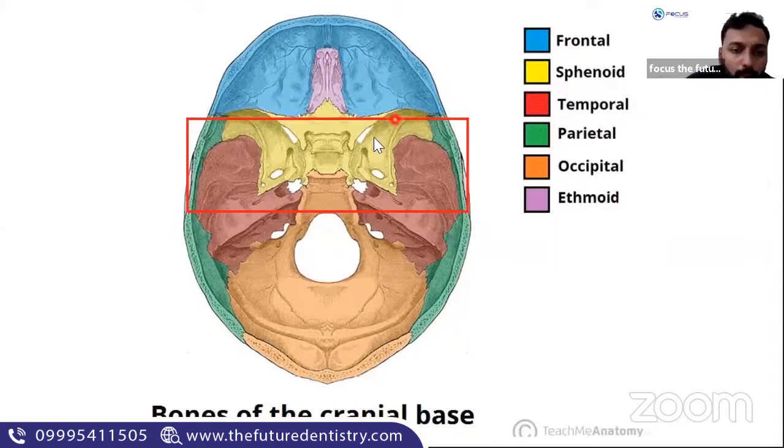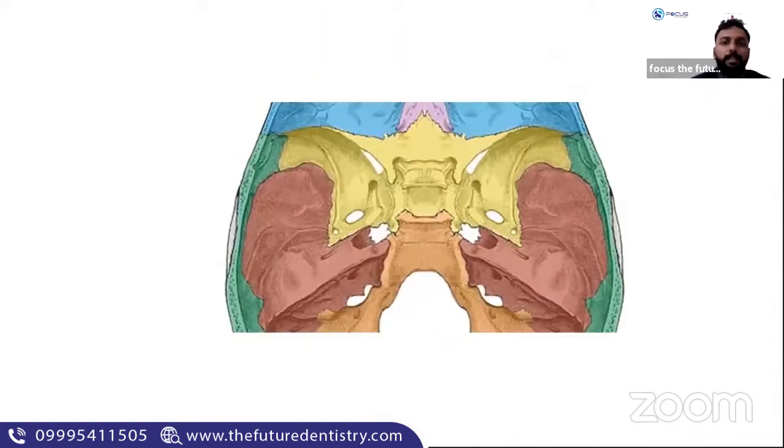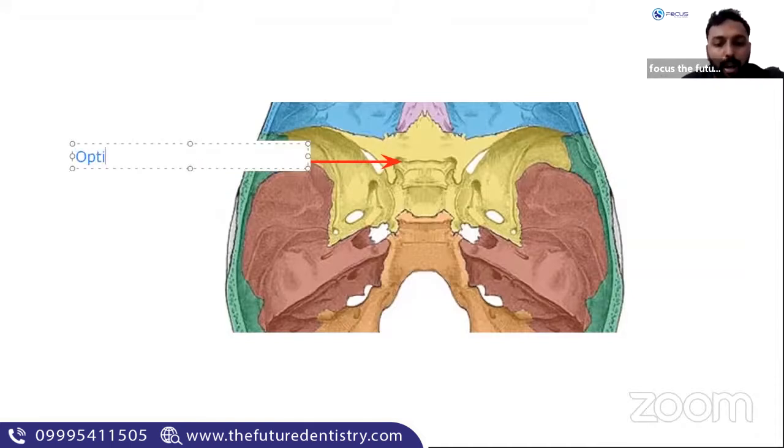Now we will go into a bit more detail in the same region. We can mark the areas one by one and start discussing them. You have a canal here which goes into the eyeball, or opens into the orbit. It is known as the optic canal.